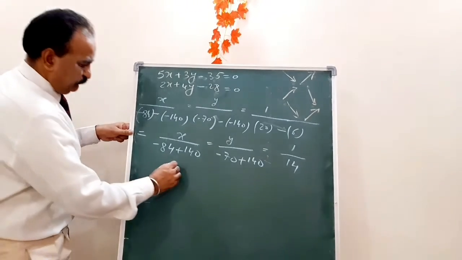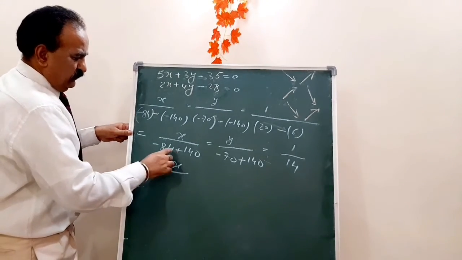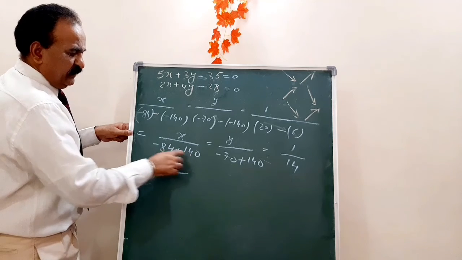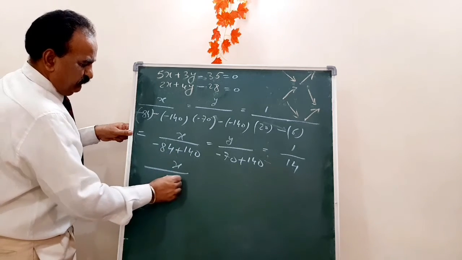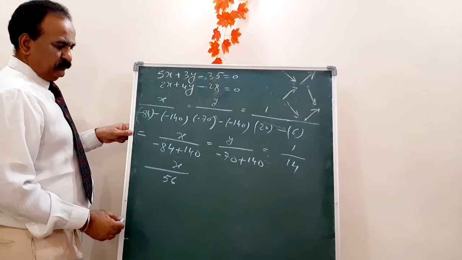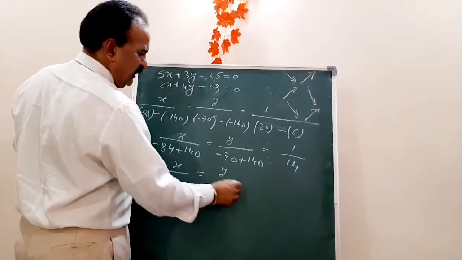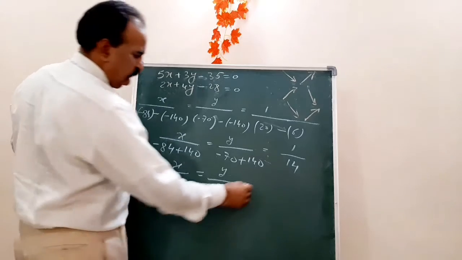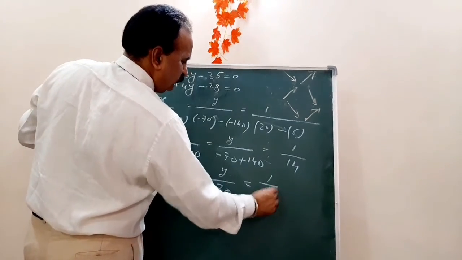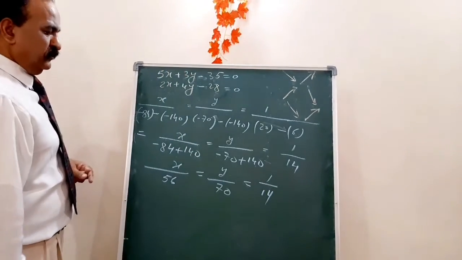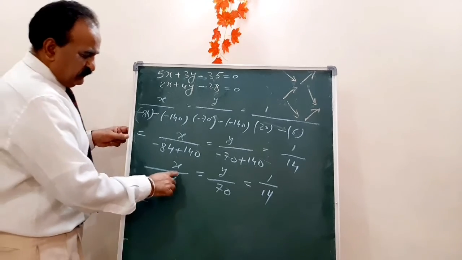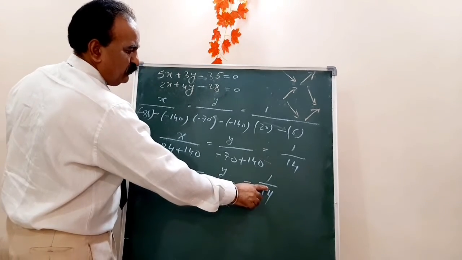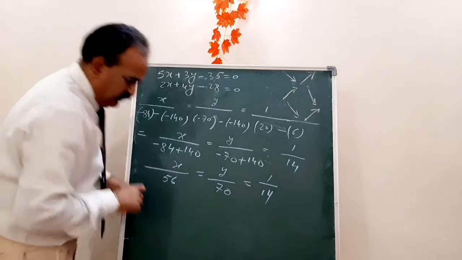Okay, now x upon 84 minus 84 plus 140, it means 56, is equal to y upon 140 minus 70 is equal to 1 upon 14. Now compare this equal to this. Let us see how.